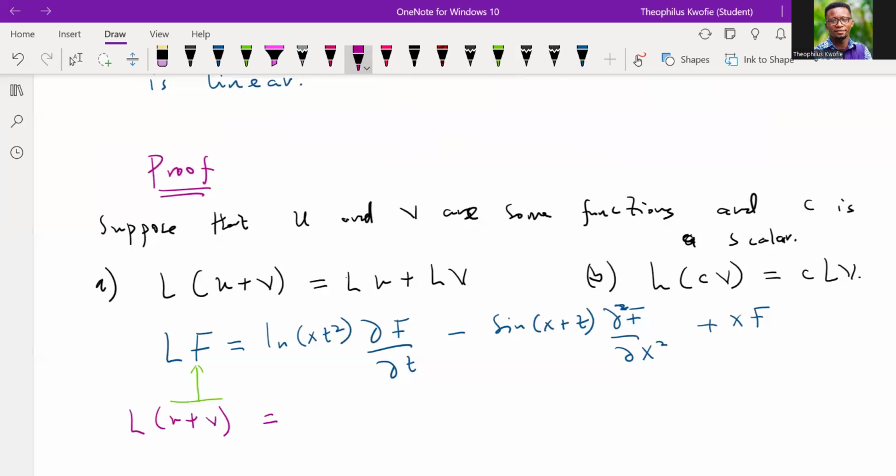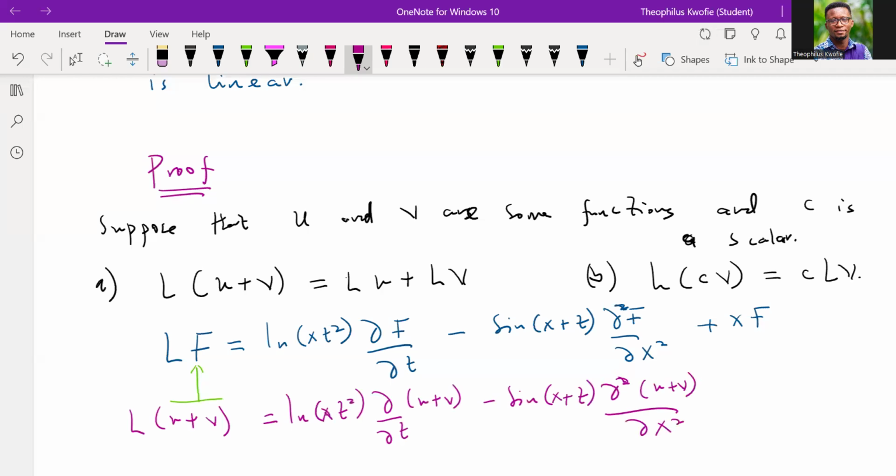On that note, you're going to have ln x multiplying t squared, and then the partial of u plus v with respect to t, minus sine of x plus t, the second partial of u plus v with respect to x, then plus x multiplying u plus v.